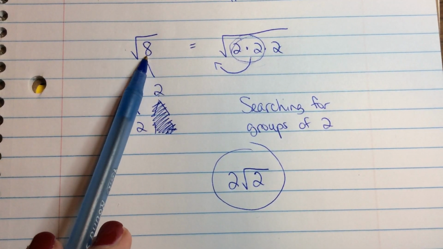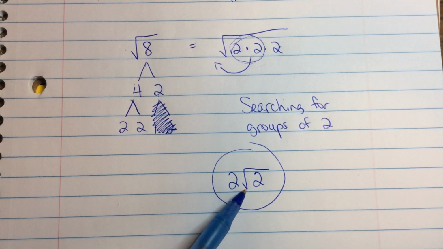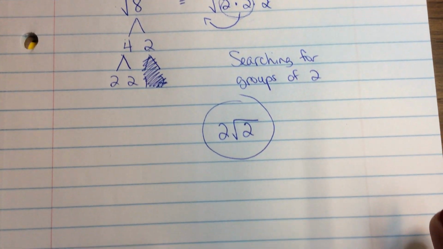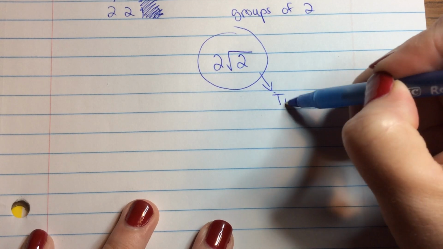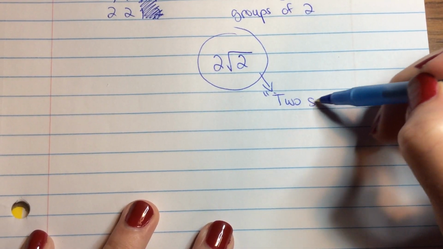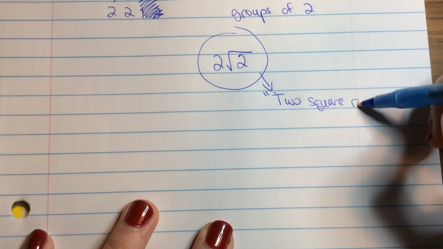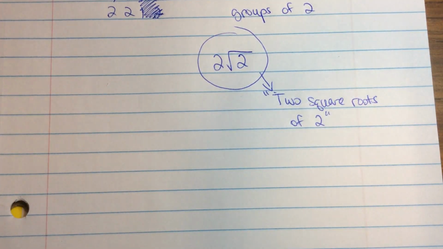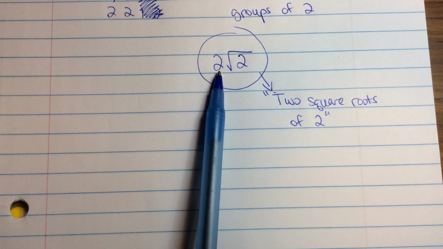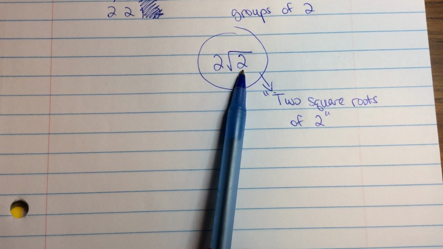The square root of 8 is 2 square roots of 2. And that's how we're going to say it, and we're going to write that down. To say this out loud, you say 2 square roots of 2. Whatever's out front, 2 square roots of 2.